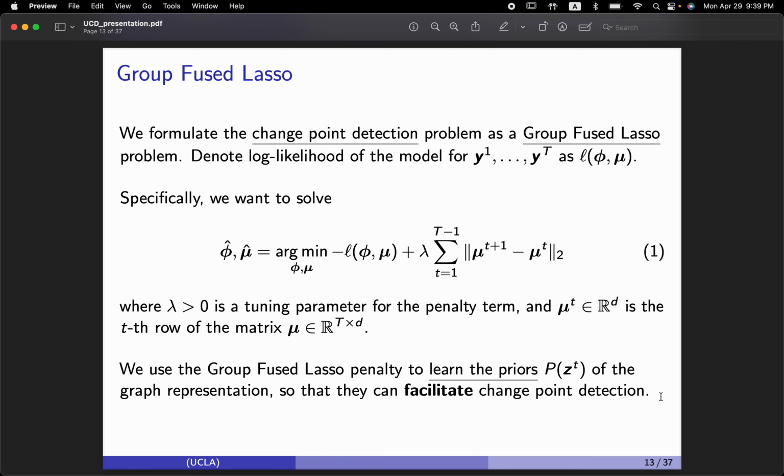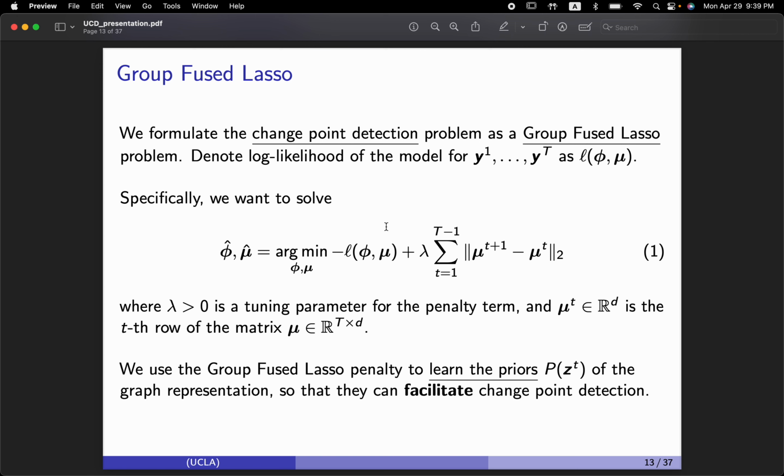Now we are ready to work on the change point detection problem in this framework. Essentially, we formulate the change point detection problem as a group fused lasso problem. Let's denote the log likelihood of the model for y1 to yT as L, with parameters phi, the neural network or graph decoder parameter, and the prior parameter mu.